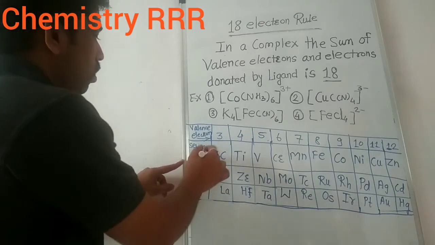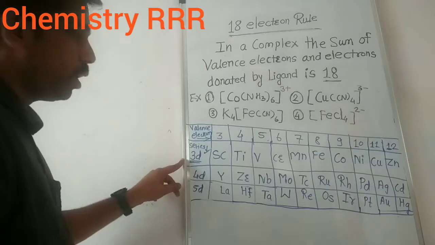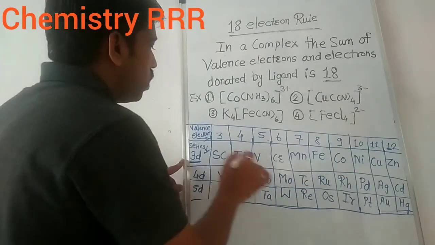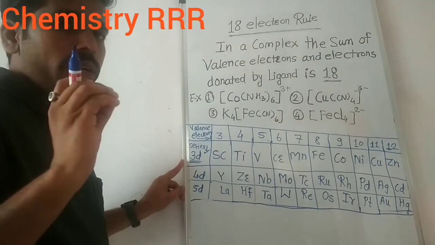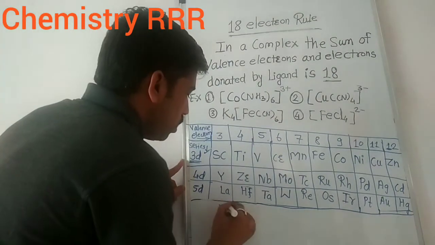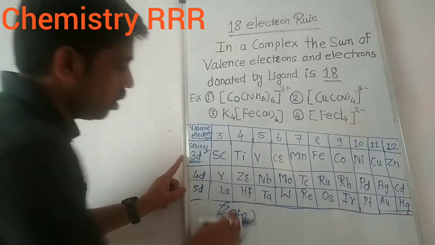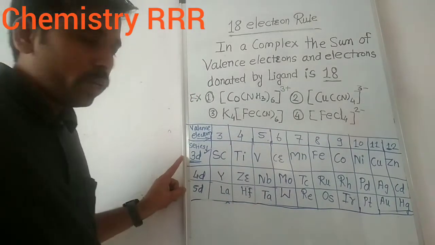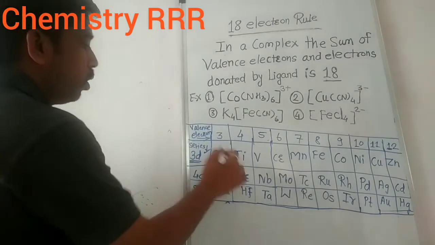This is the 3d series of transition metals, then the 4d and 5d series. On this side there is the number of valence electrons present in the transition metal in the zero oxidation state. Now let's see here for scandium.